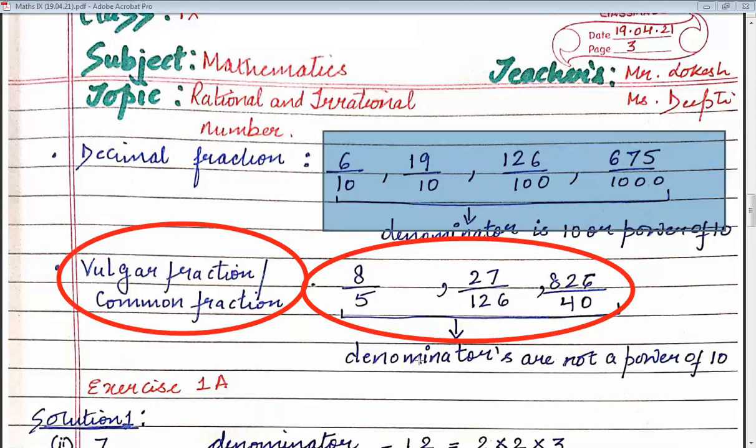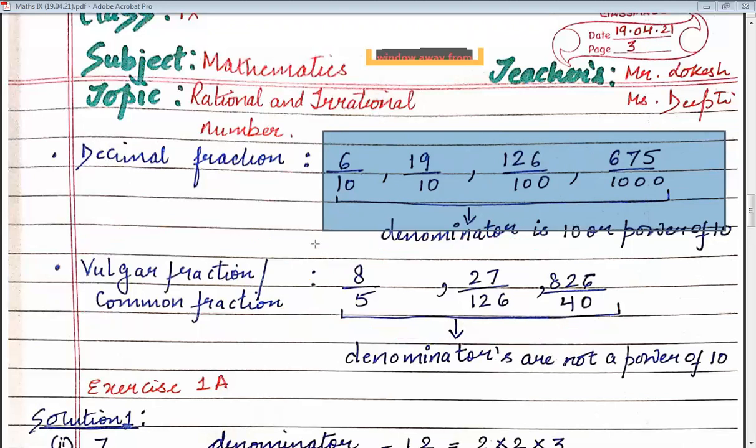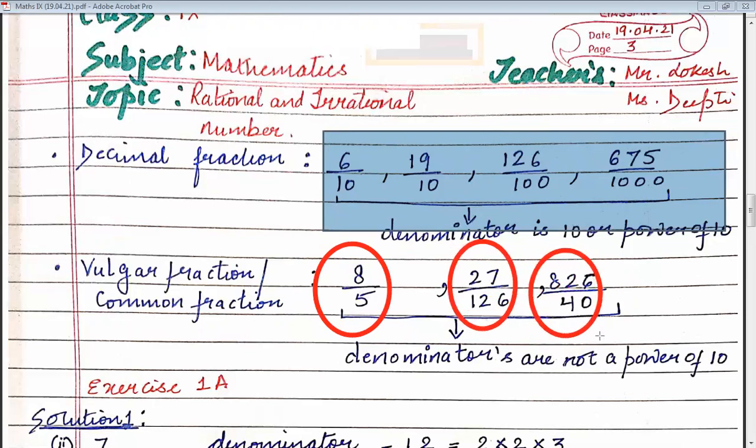Fractions in which the denominator is not 10 or a power of 10. All these are examples of vulgar fractions. Let me repeat: 8 upon 5, 27 upon 126, 826 upon 40. I hope children you are clear with all these three topics.